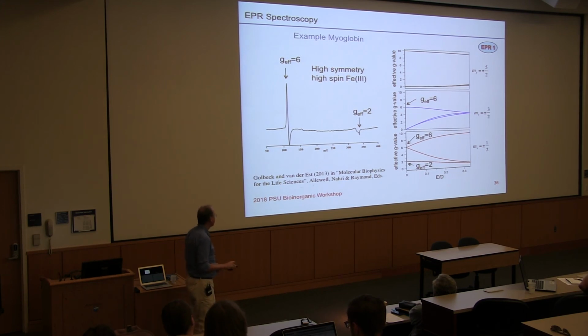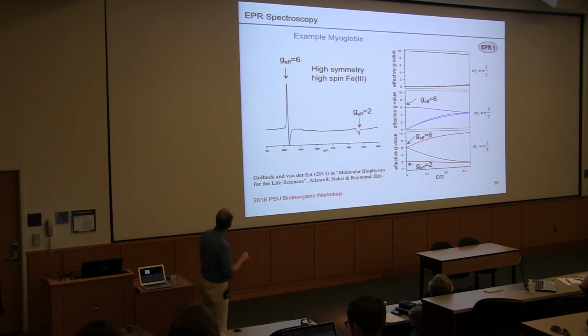And if we look at the rhombogram for a spin 5/2 system, you can see that there are two features expected overlapped at g equals 6 from the plus minus 1/2 levels. And then in the plus minus 3/2, there's also a transition which can occur at g effective equals 6. So we've got 3 possible transitions all occurring at the same place, and so we would expect a very strong peak, as we see in the spectrum.